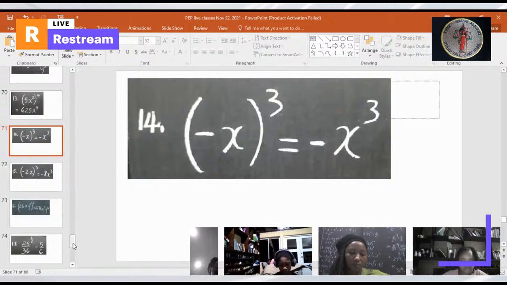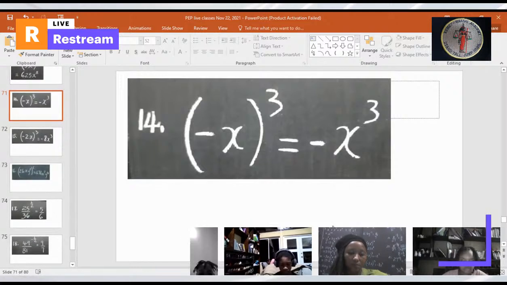Negative x to the third power. Well, we're raising negative x to the third power. So it would be negative x times negative x times negative x.